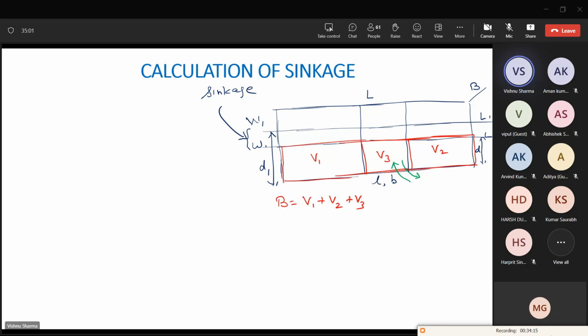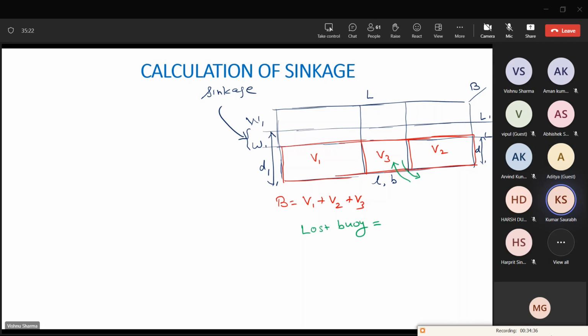Use capital L, small l, and specify which notation you are talking about. Tell me what is the buoyancy that was earlier being used and is now lost. What represents the lost buoyancy here? V3.